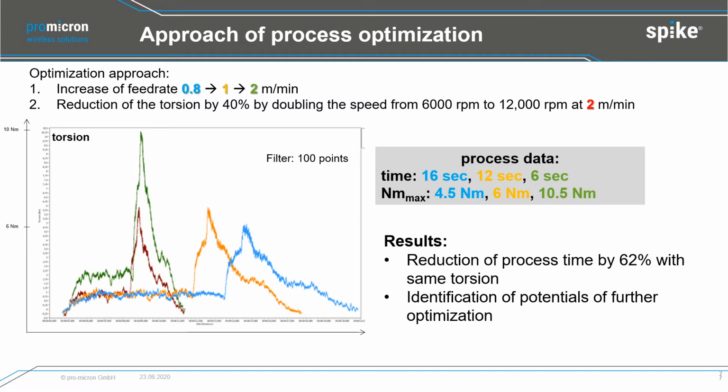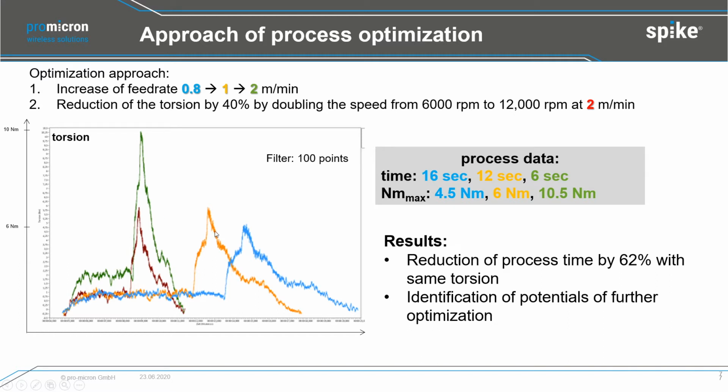Now we just want to see which effect the doubling of the spindle speed has, which effects do we get in the force value. And here we can see by doubling the speed from 6,000 RPM to 12,000 RPM, we have reduced the torsion by 40%. So we reduced the force load.